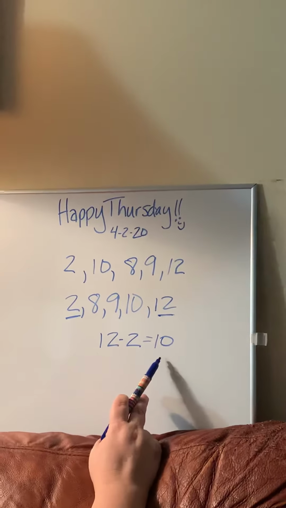So 8 plus 2 is 10. Plus 9 more is 19, plus 10 more is 29, plus 12 more is, do you see that I'm just adding each time here, guys? Plus 12 more is 41, okay? All I did was I added 2 plus 8 plus 9 plus 10 plus 12, okay?